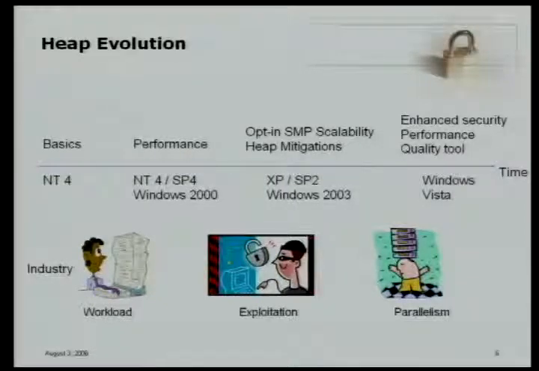And now in the Windows Vista heap, we had an even bigger step forward. First, to address the next round of exploits that were found, and also to increase performance and address problems such as fragmentation, scalability on multiprocessor machines, and such.